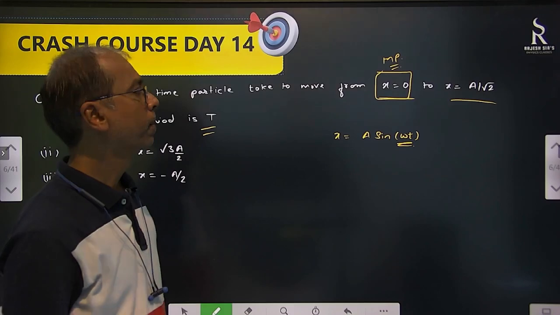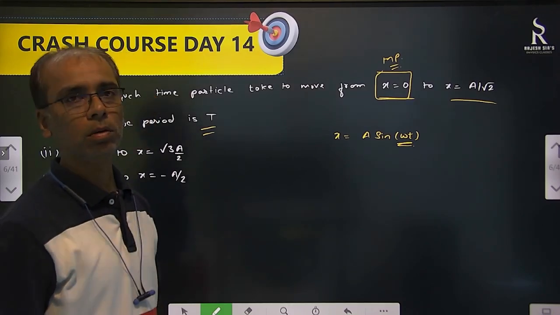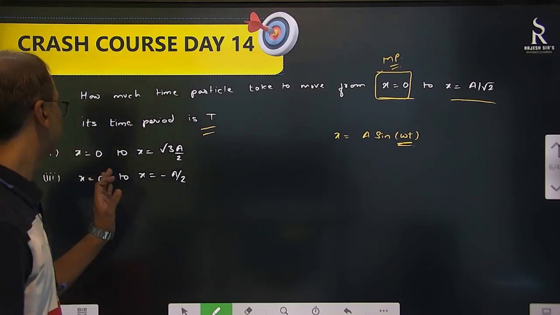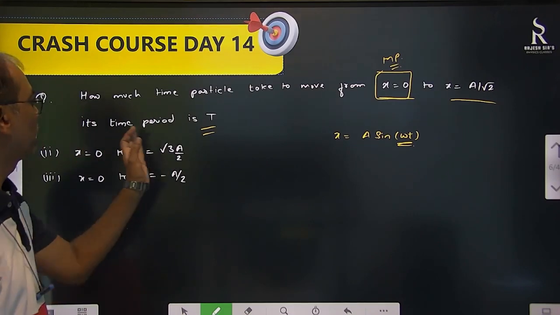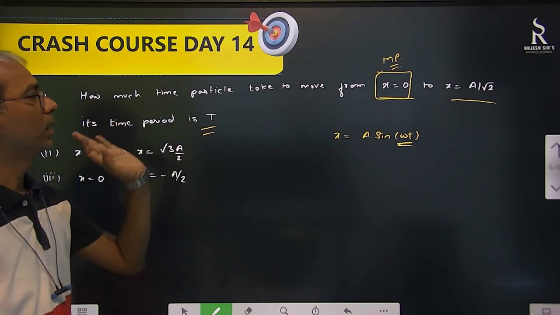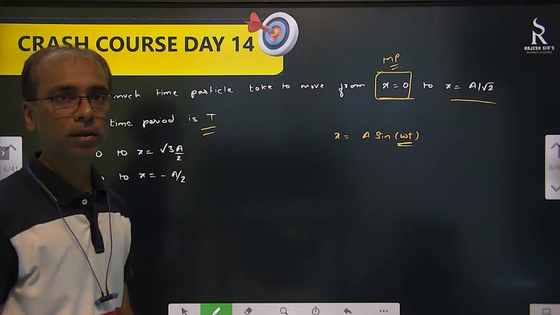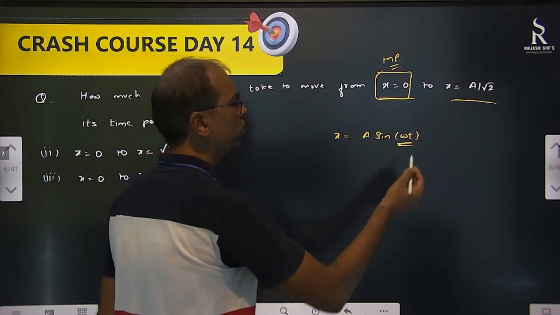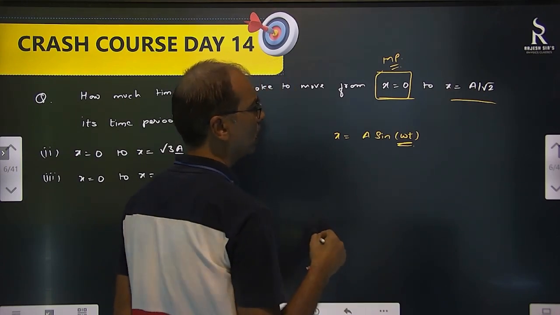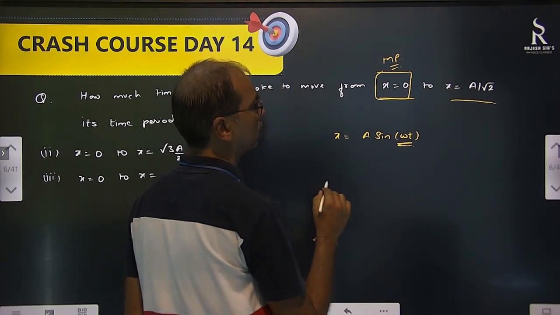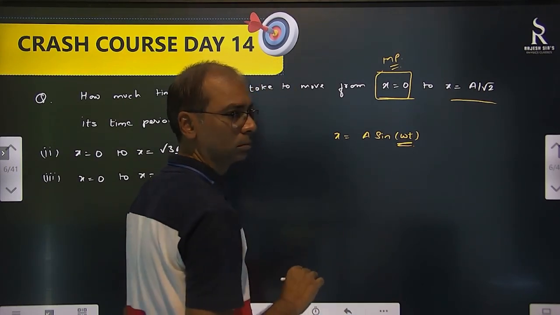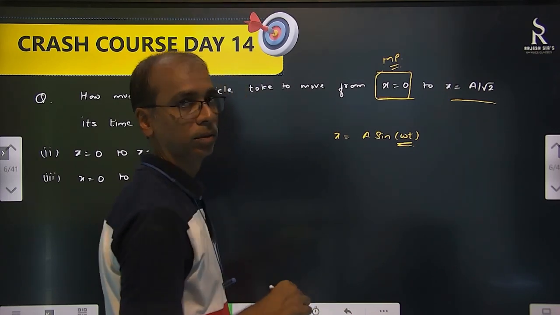Because time we have to find, and its time period is T, we have to find how much time the particle takes. So if we put A by root 2 over here, we will be getting the omega t value. That will give us the answer.